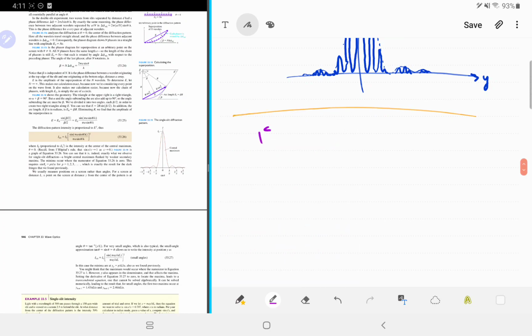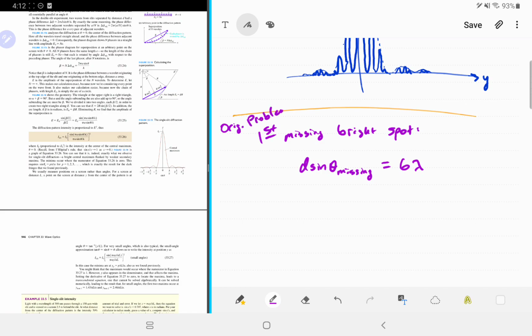For the first missing bright spot, we have d sine theta missing equals m lambda, and this was m equals 6. So for our original problem, I'm going to go ahead and plug in the actual value of m equals 6 right here. So the first missing bright spot has m equals 6.